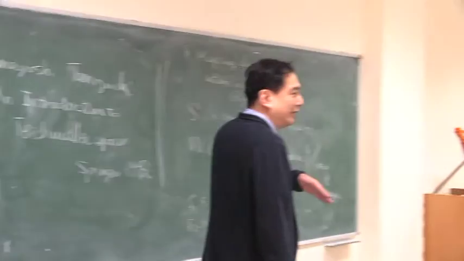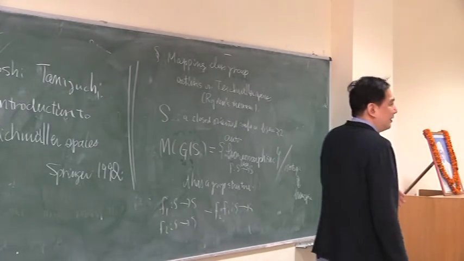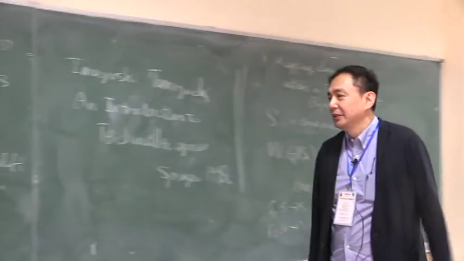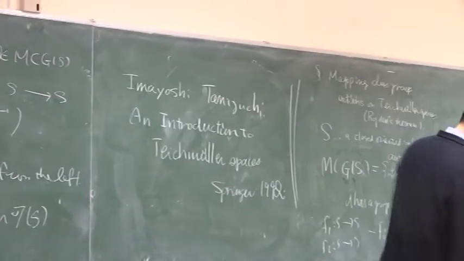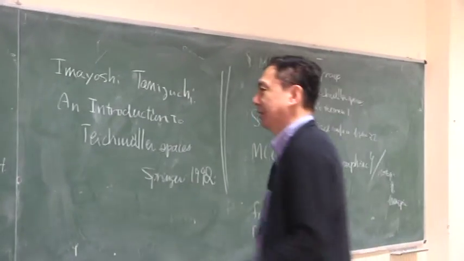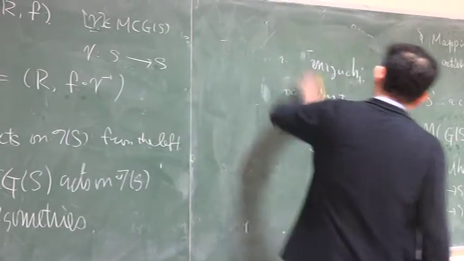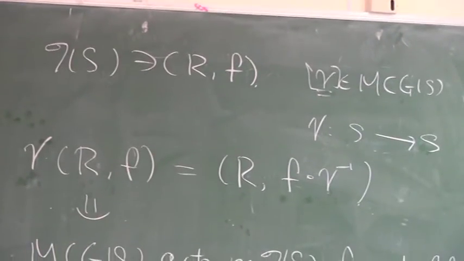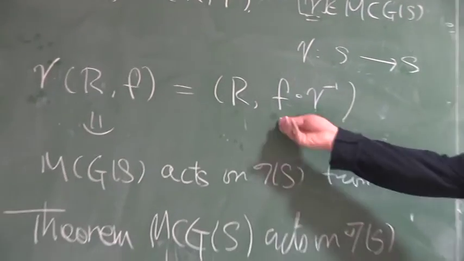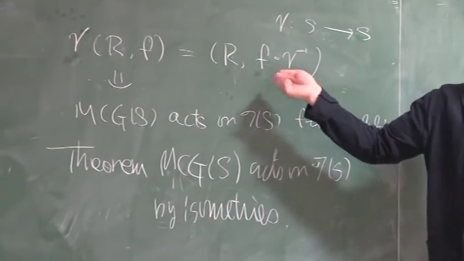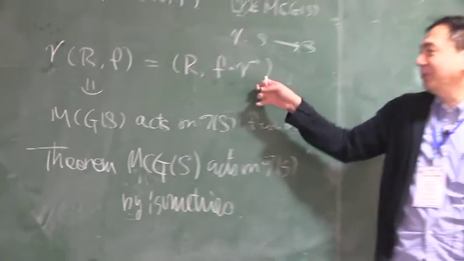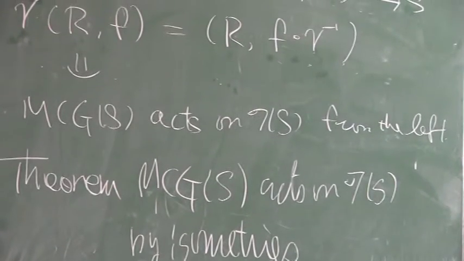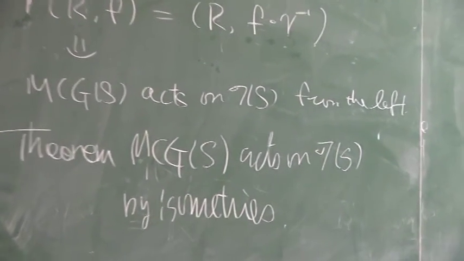Is it what you're asking? Okay. So what matters is the homotopy class, because this is just a marking. If the homotopy class doesn't change by changing the representative, then that's okay.